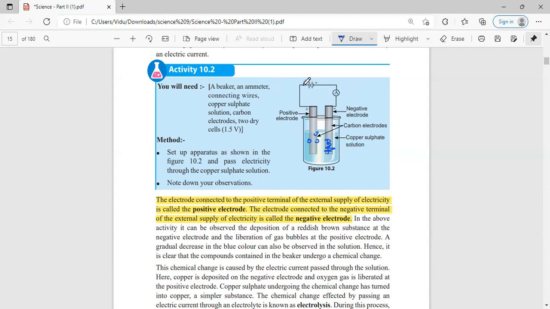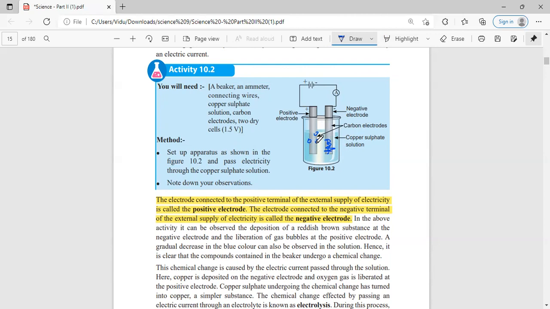So you can see this beaker undergoes a chemical change. This chemical change is caused by the electric current passed through the solution. The reddish brown substance deposited on the negative electrode is copper, and oxygen gas is liberated at the positive electrode.